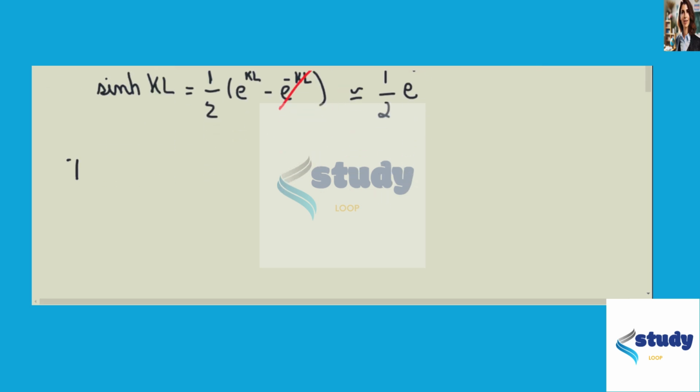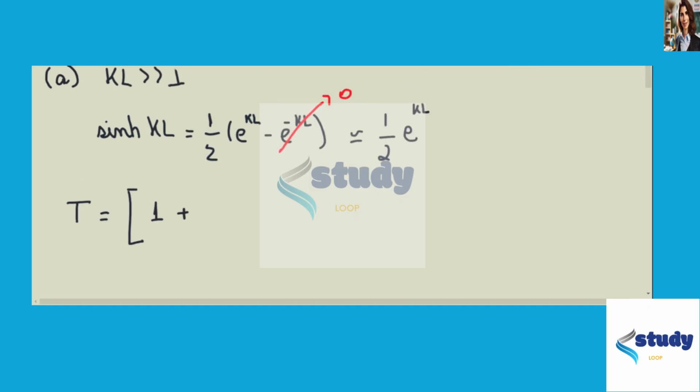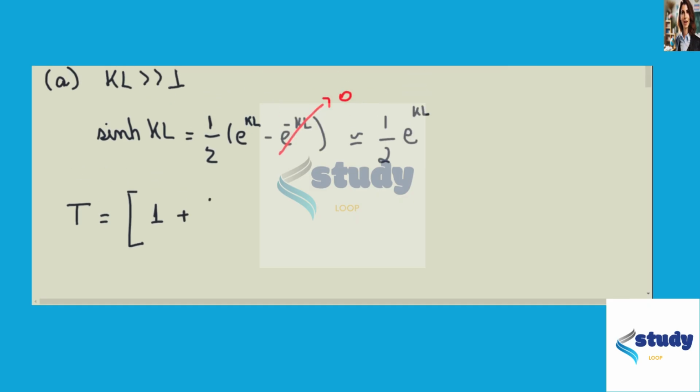So you can go back to the transmission, which is 1 plus u0 times the hyperbolic sine of KL, which, as I just showed, is approximately e to the KL divided by 2, squared, divided by 4e u0 minus e.